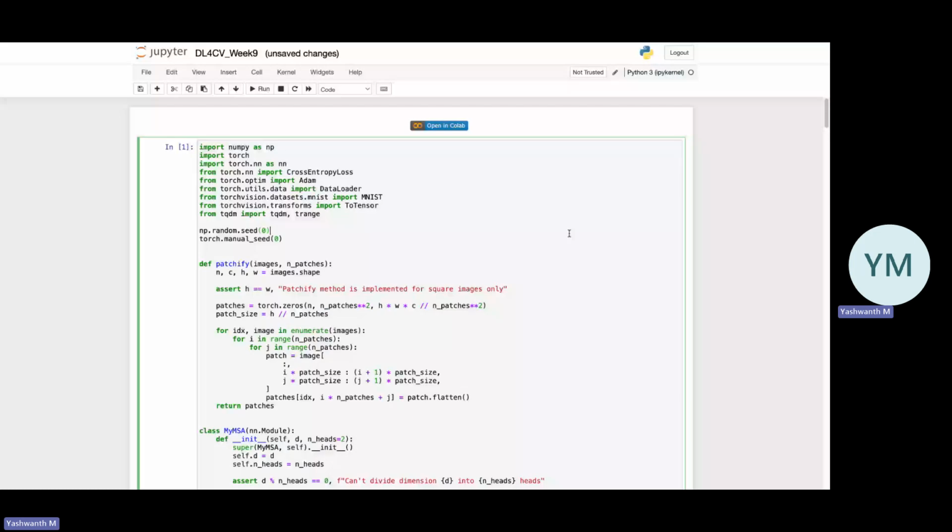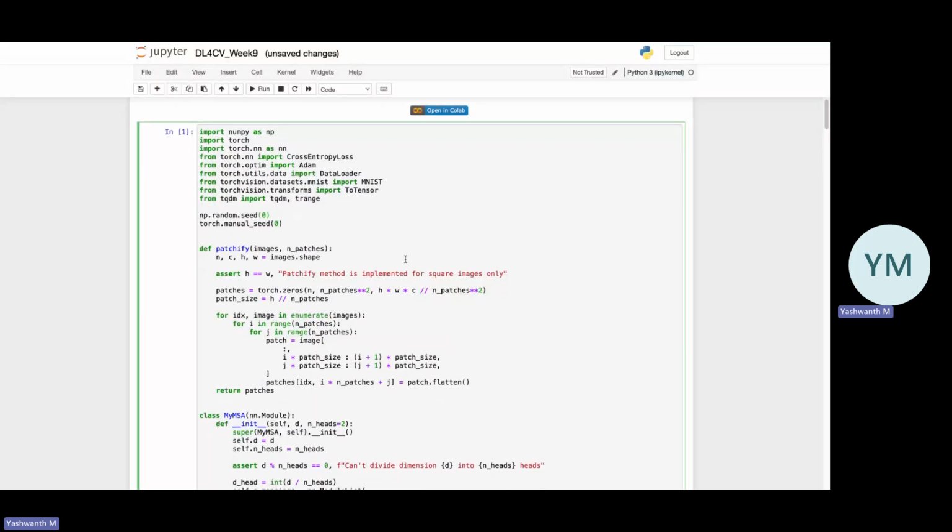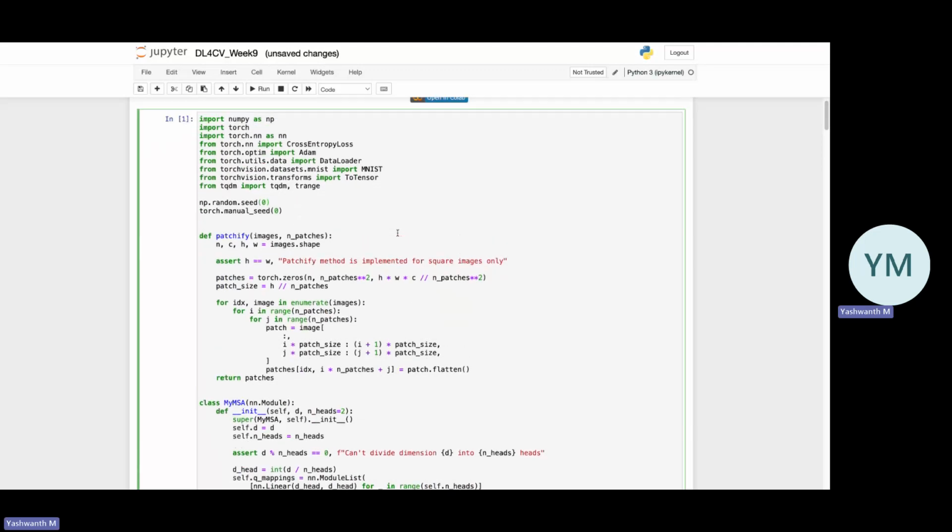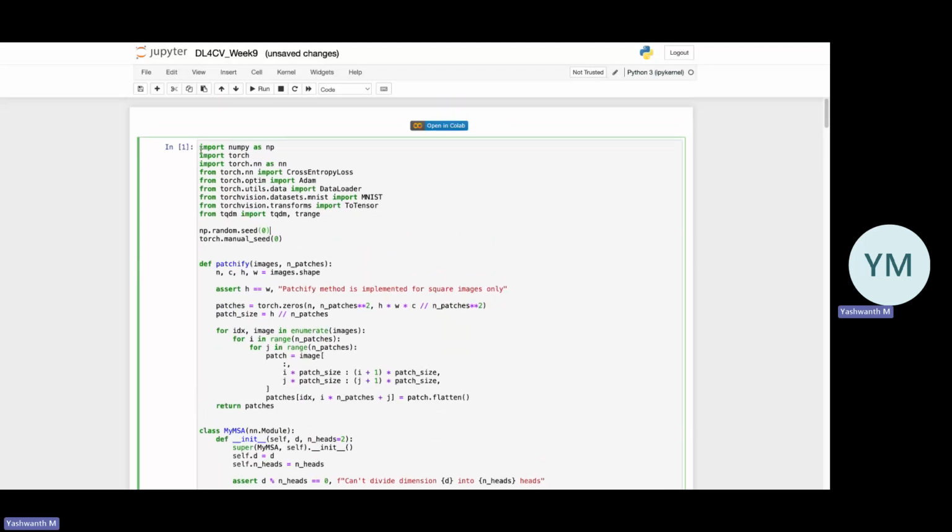So we'll now go through the notebook. In this notebook, we implement the basic modules of vision transformers. In the first section, we import all the necessary tools such as torch, numpy, and optimizers and datasets.